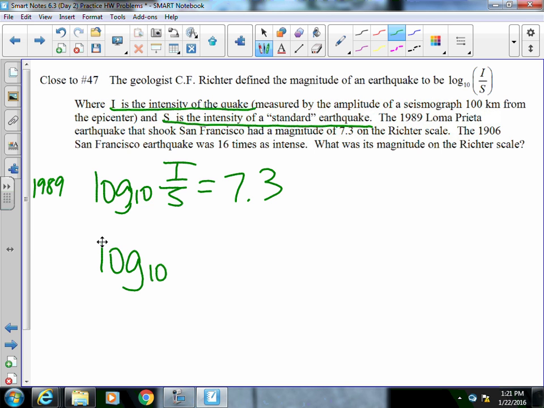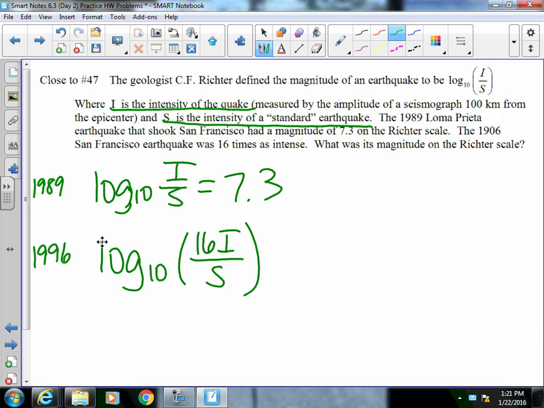We're trying to figure out what the 1906 earthquake equals if it was 16 times as intense, which means log base 10 of 16I over S is what we're trying to evaluate.